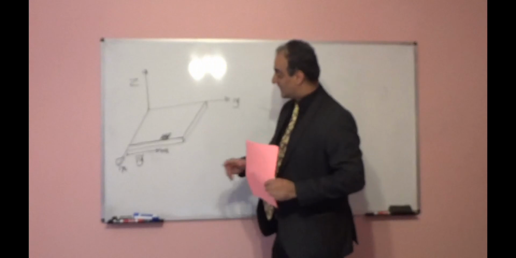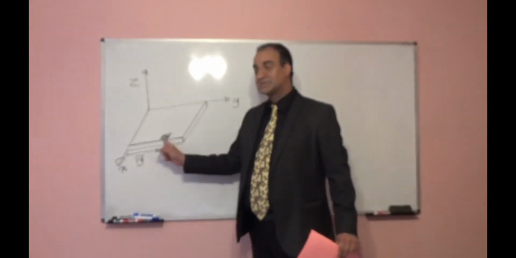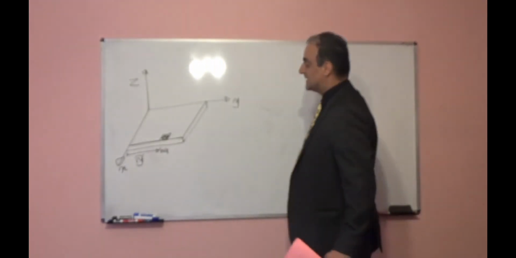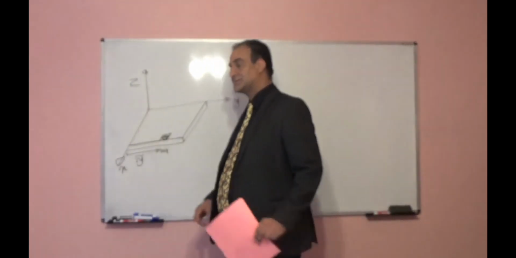The distance from x-axis in the y direction for this small segment or element is y tilde. What is the moment of this small segment with respect to the x-axis?